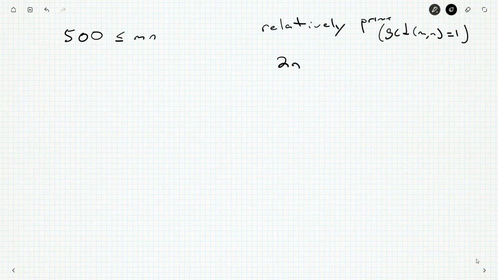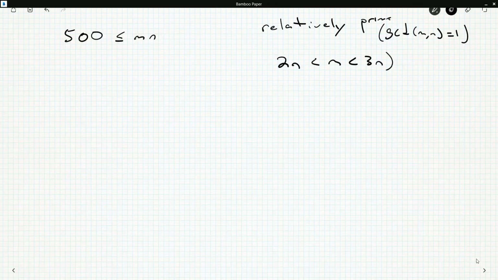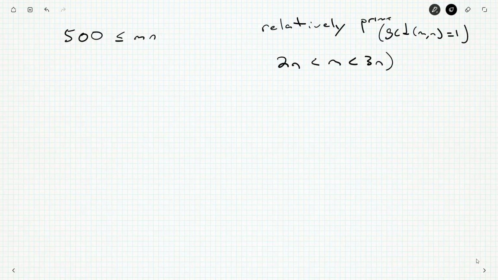But we can't forget 2n has to be less than m has to be less than 3n. Can this happen? Well, suppose... there's not that many cases. I could just try everything up to 520. Is there a way to simplify some of this?